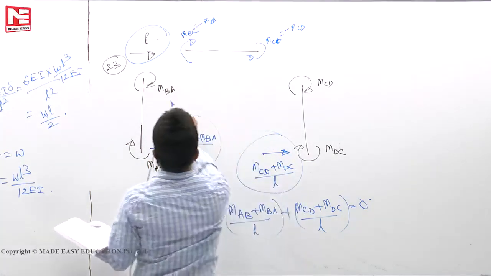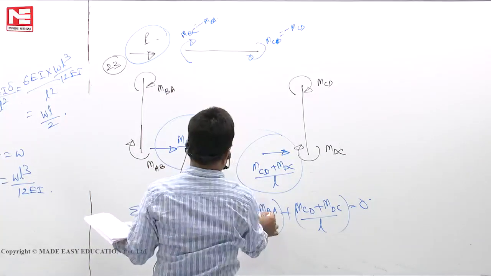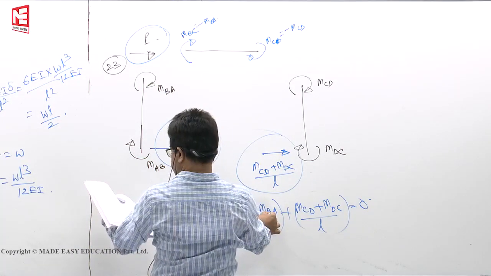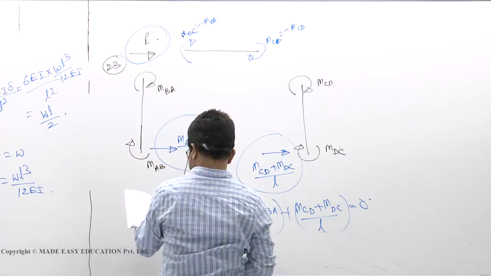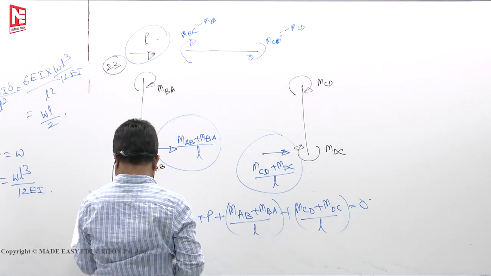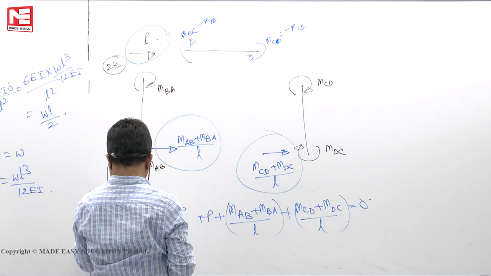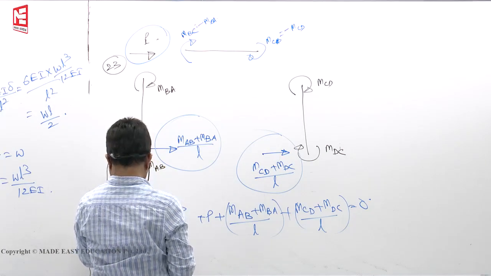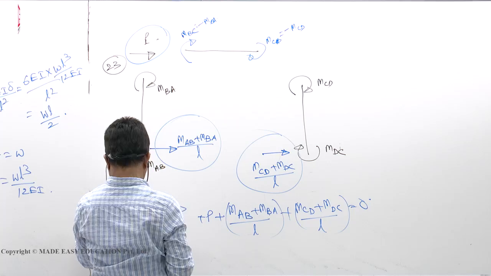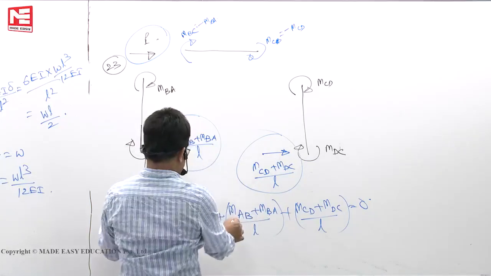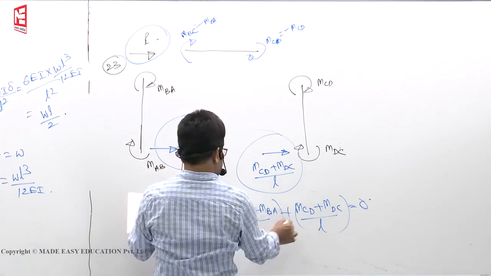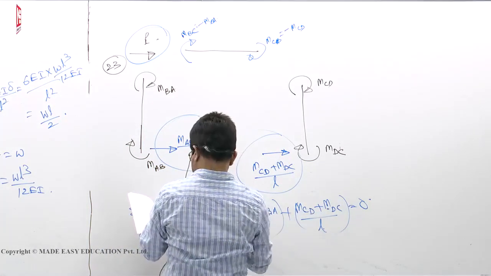So MBA, if I write it as minus MBC... okay, first option you see: MAB plus MBA by L plus MCD plus MDC by L plus P is equal to 0.